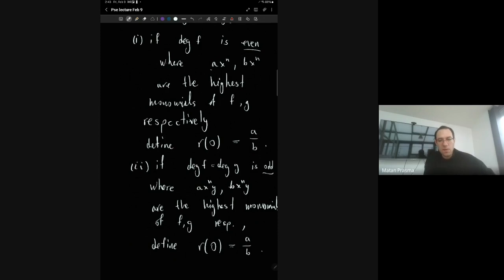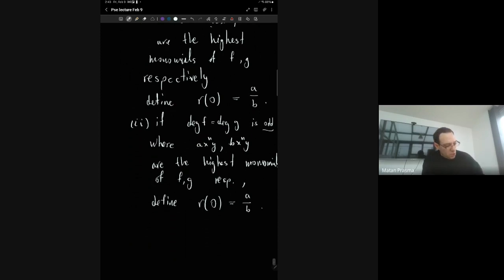Okay? So now we have defined the value of a rational function at the point at infinity. It could be an element in the field, but it could be infinity.